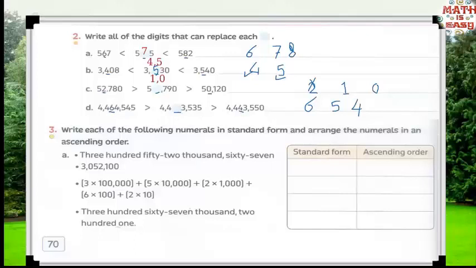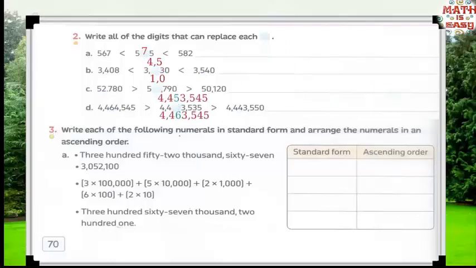Here we have 64. 63 is less than 64, yes. So if we put 6, 6 is the right digit. If we put 5 here, 53 is more than 40, yes. 53 is less than 64, yes. So 5 is the right answer.